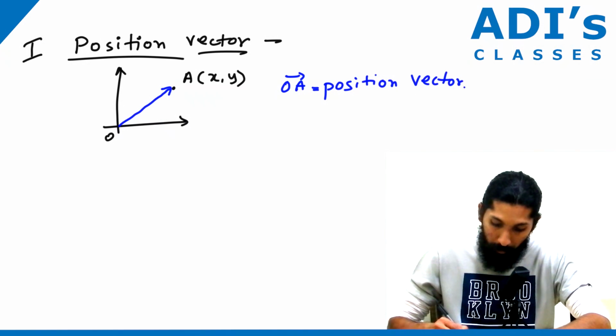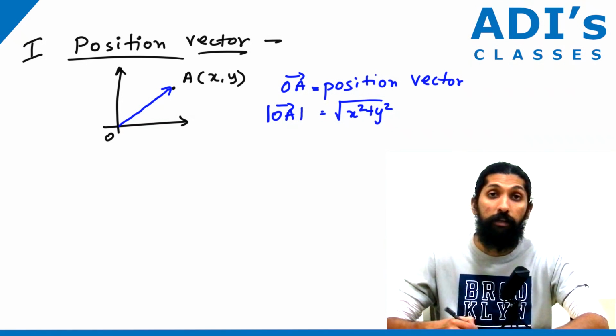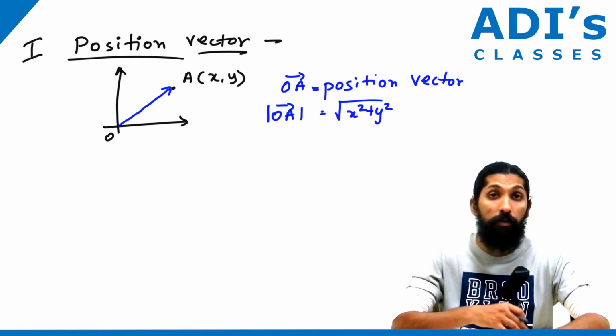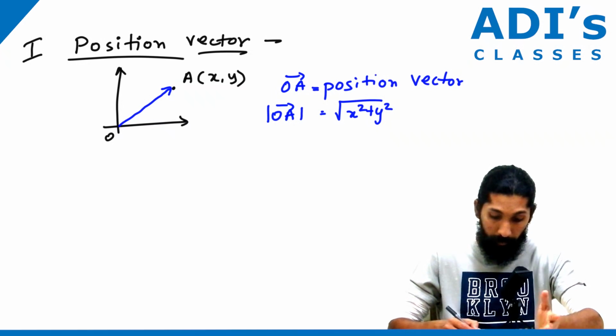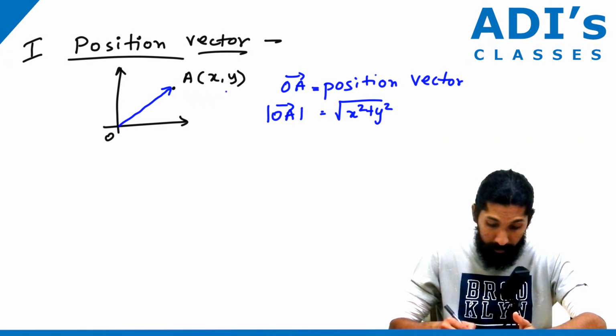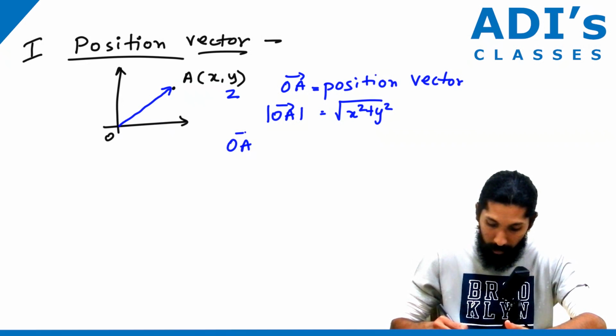Now mod of OA becomes root of x square plus y square, because we are looking at 2D, correct? Now imagine we are looking at 3 dimensions. Instead of xy, say you had x, y and z. Then mod of OA is going to become root of x square plus y square plus z square.